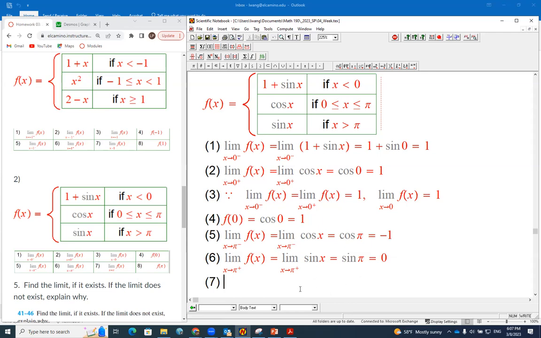The limit does not exist, right? Because the limit from the left and the limit from the right are not the same.